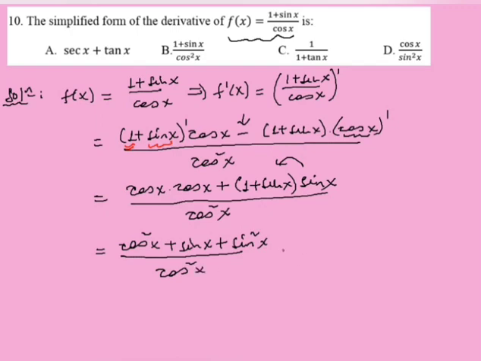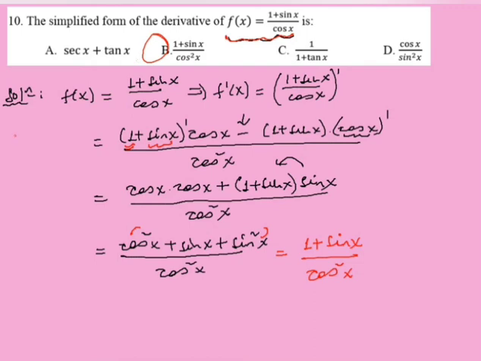But we know that sine square x plus cos square x is 1. Therefore, this can be written as 1 plus sine x over cos square x. So the simplified form of the derivative of this function is 1 plus sine x over cos square x.